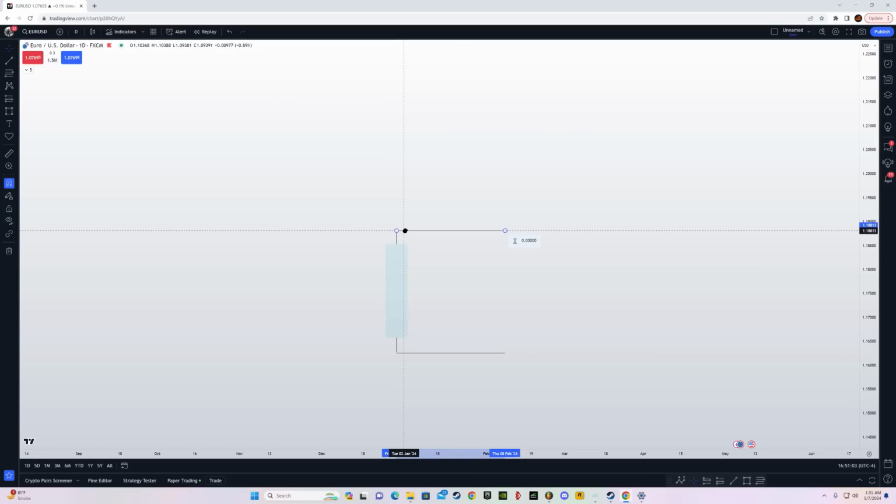Once you have done that, you drop down to the 15-minute time frame. On Tuesday, you are looking for a raid on either the high or the low. Let's assume that price takes out the Monday high.